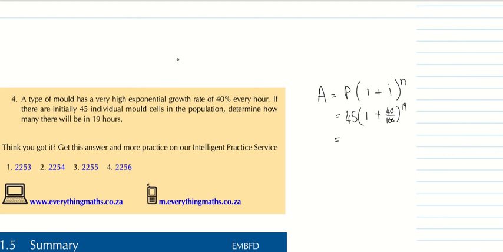Right, so what we're going to do is just now work this out. So it's 45 times (1 plus 0.4) to the power of 19.